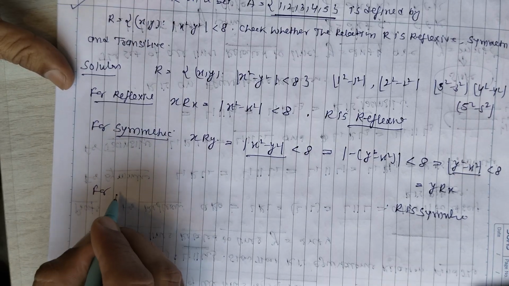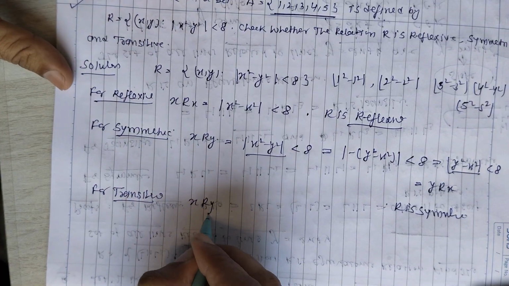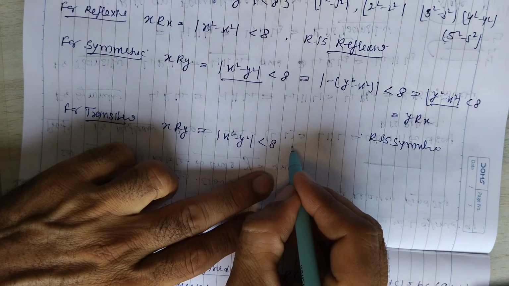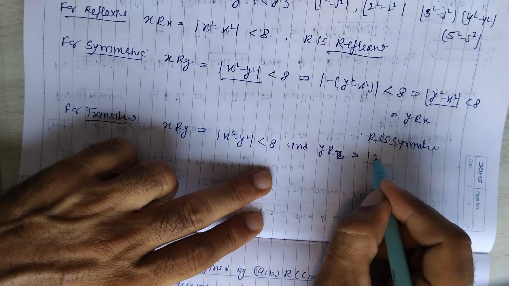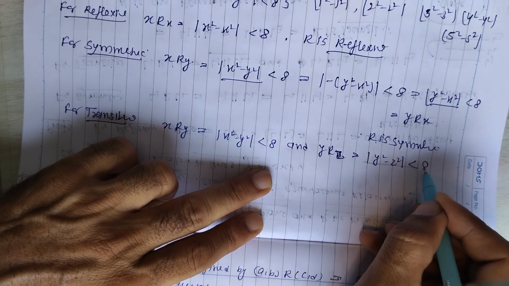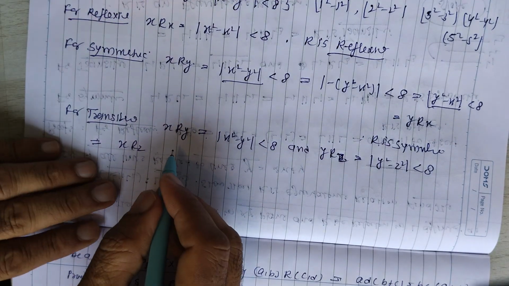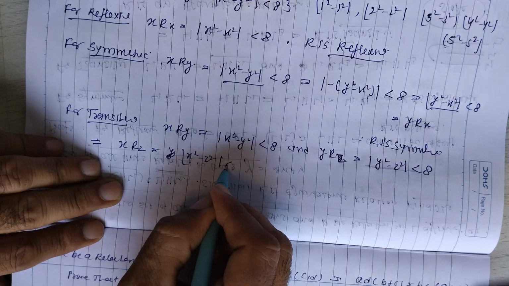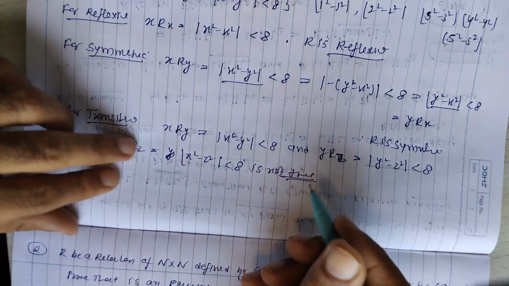And third, for transitive. What is transitive? X related y implies that x square minus y square is less than 8, and y related z implies that y square minus z square is less than 8, which implies that x related z, x square minus z square less than 8, is not true. How? Like this.